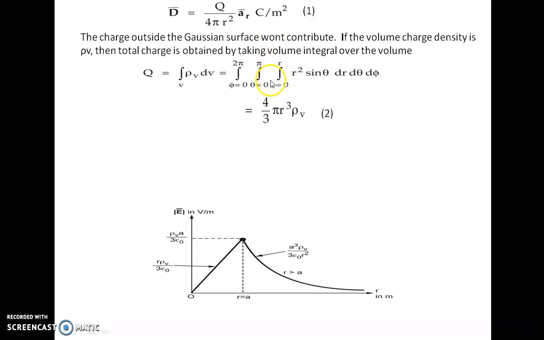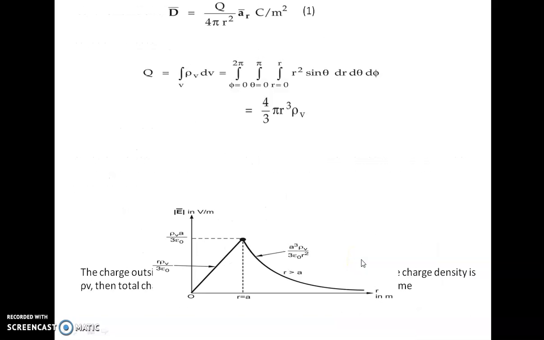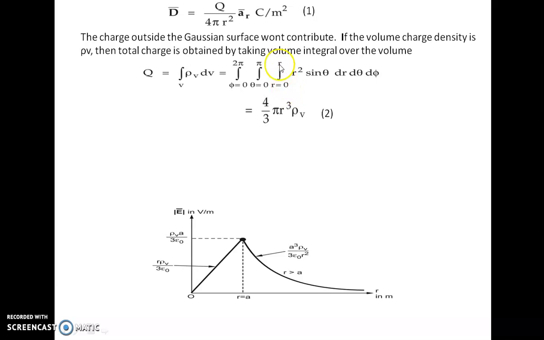Here you can observe that in case 1 we took the limit from 0 to a, but here we took the limit from 0 to r, because as I told earlier, we are considering only the charge present inside of the Gaussian surface, not the charge present in the whole sphere. That's why the limit is from 0 to r here. So substituting this and integrating this, you will get 4 by 3 pi r cube into rho_v.